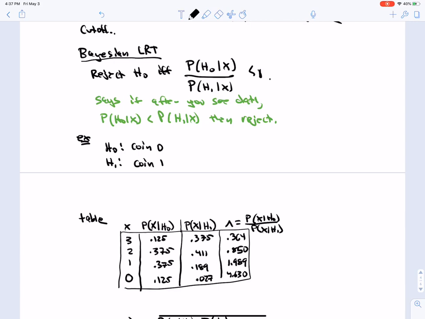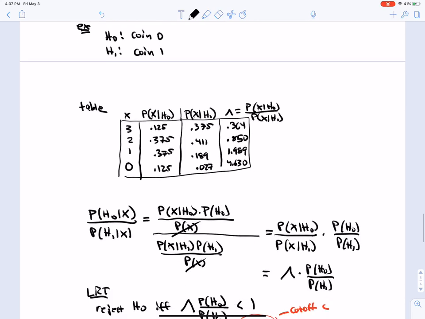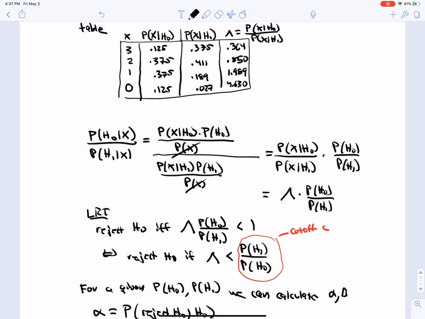This totally makes sense, because if the posterior ratio is small, in particular less than 1, it means that, given the data, it's less likely that you have coin 0 than coin 1, then obviously you would reject the null. So we have the same table as before, but to write our posterior ratio in terms of lambda, we can just use Bayes' rule, and we get that it's lambda times the ratio of the priors.